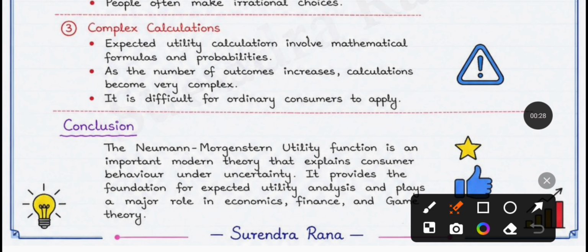It provides the foundation for expected utility analysis and plays a major role in economics, finance, insurance and game theory. Although it has some limitations, it remains one of the most influential theories for understanding decisions under risk.